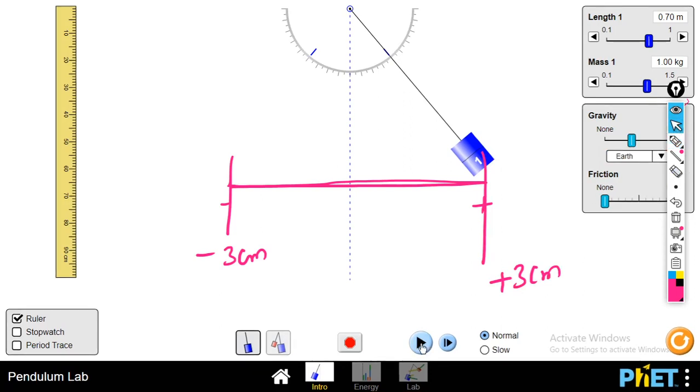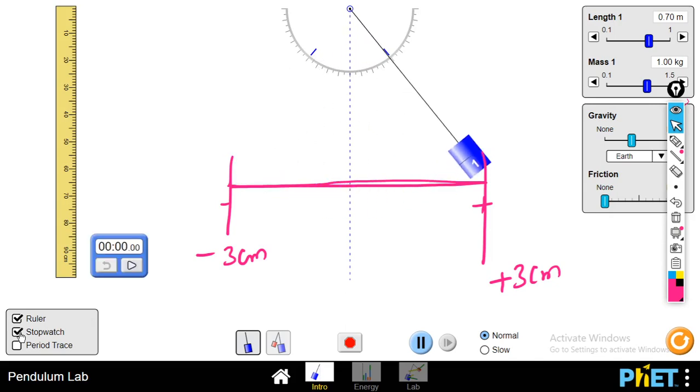Now if I hit the play button, the mass swings back and forth between minus 3 centimeter and plus 3 centimeter. It does not go above that or below that.